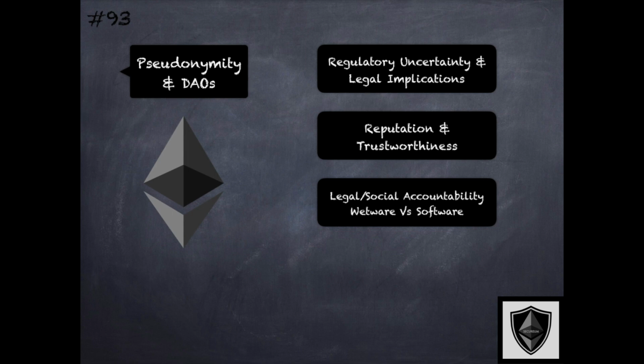So while this reduces the centralized points of wetware failure, as we call it, it also slows down decision making on a lot of the security critical aspects.